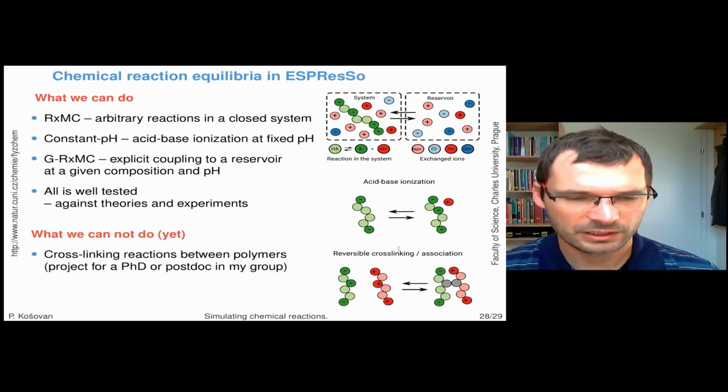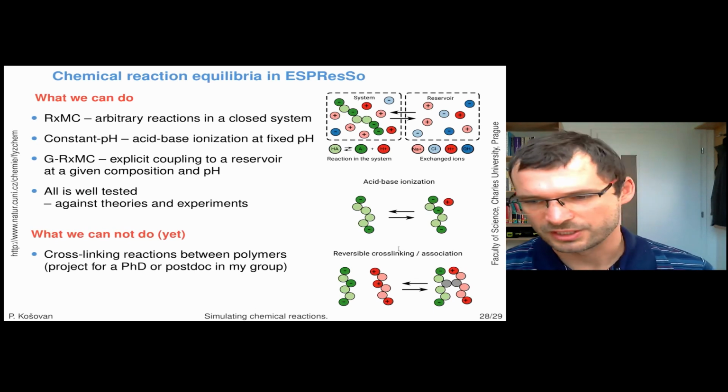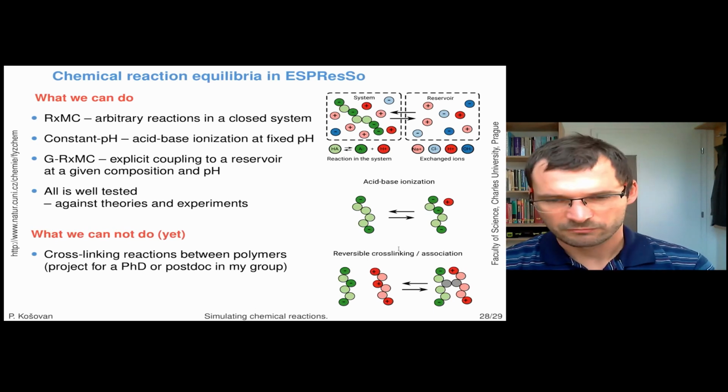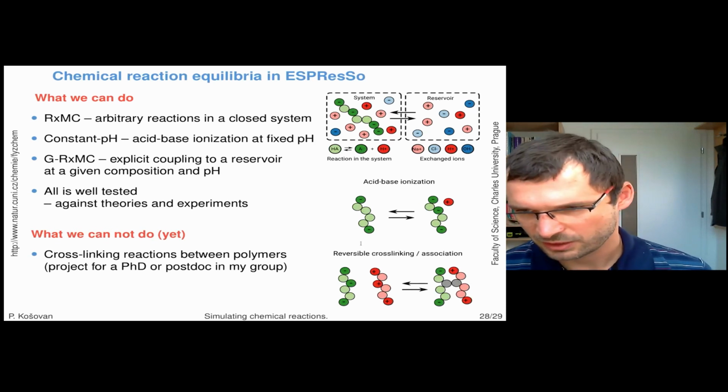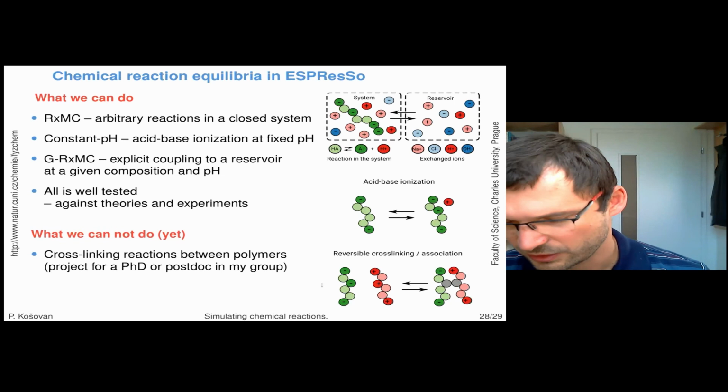Finally, I would like to say what we cannot do yet. And what we cannot do yet is the cross-linking reaction between polymers, as is shown here at the bottom.